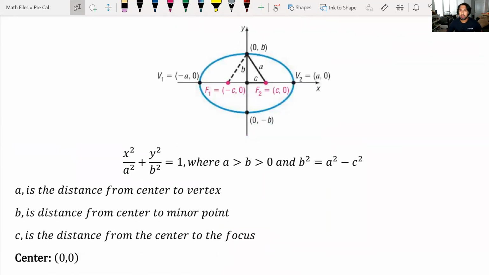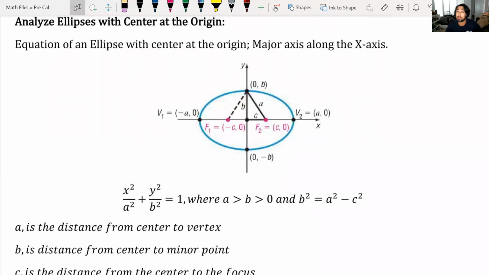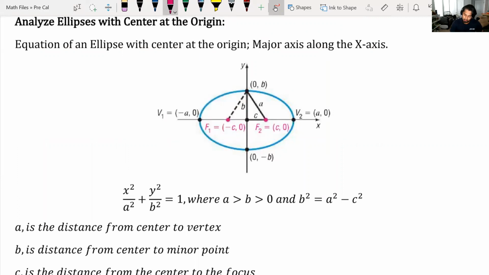Next is an ellipse with the center at the origin, and the major axis is the x-axis. The reason we call the x-axis the major axis is because, by definition, the major axis contains the vertices, here and here, and the foci.